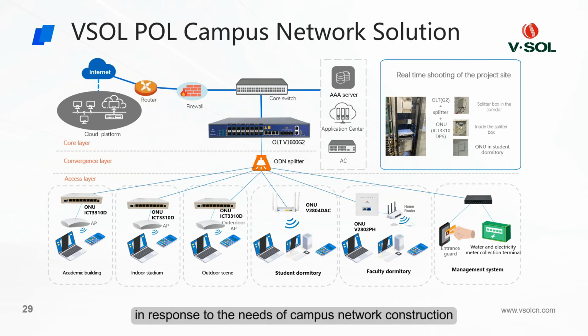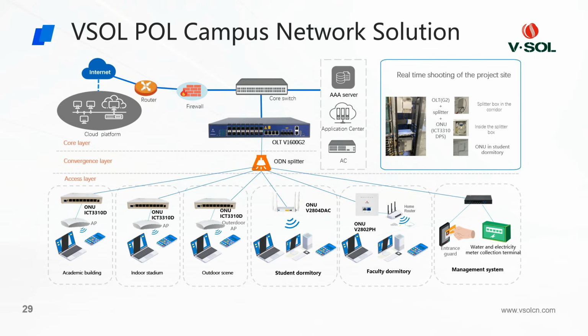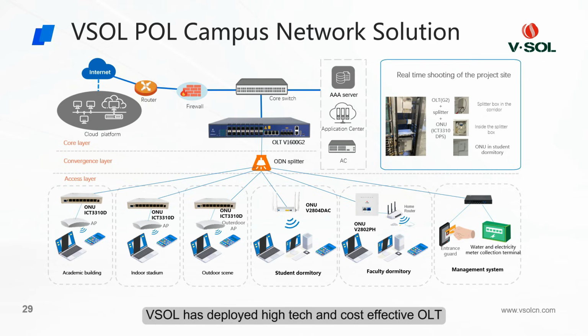In response to the needs of campus network construction, VSOL Tech considers the high population density of campuses. Thus, VSOL has deployed high-tech and cost-effective OLT equipment V1600G2B or V1600G1B, which can achieve the function of access and aggregation in the core computer room.